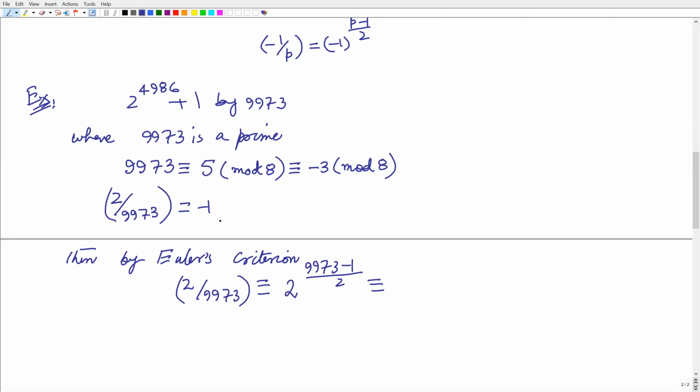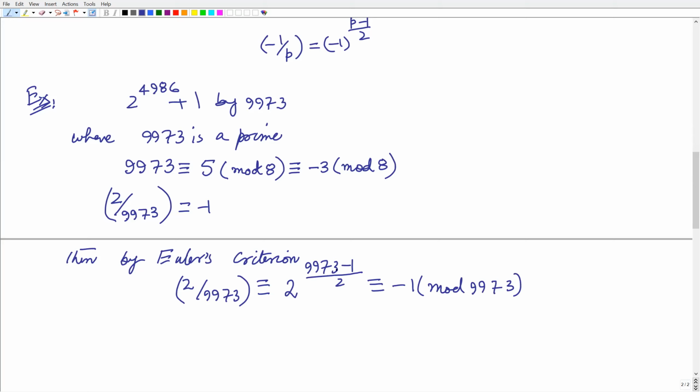Because the Legendre symbol is minus 1, this is minus 1 modulo 9973.